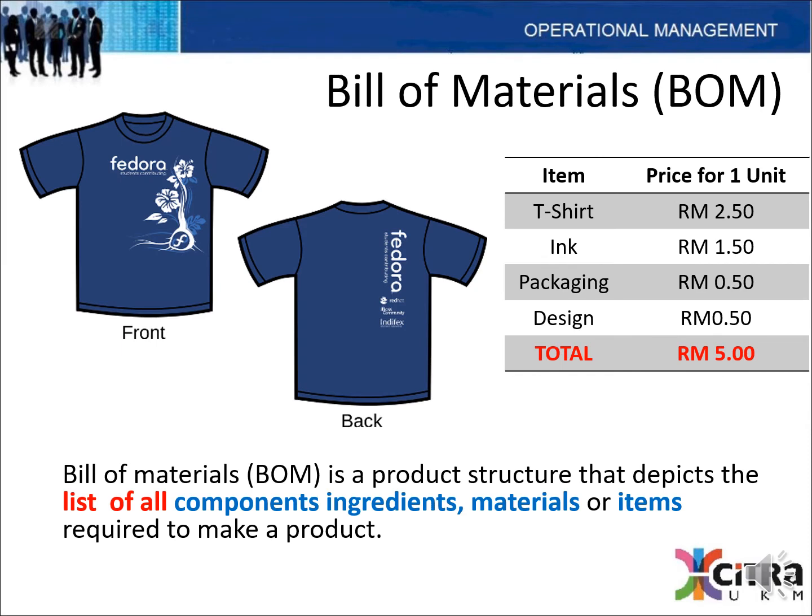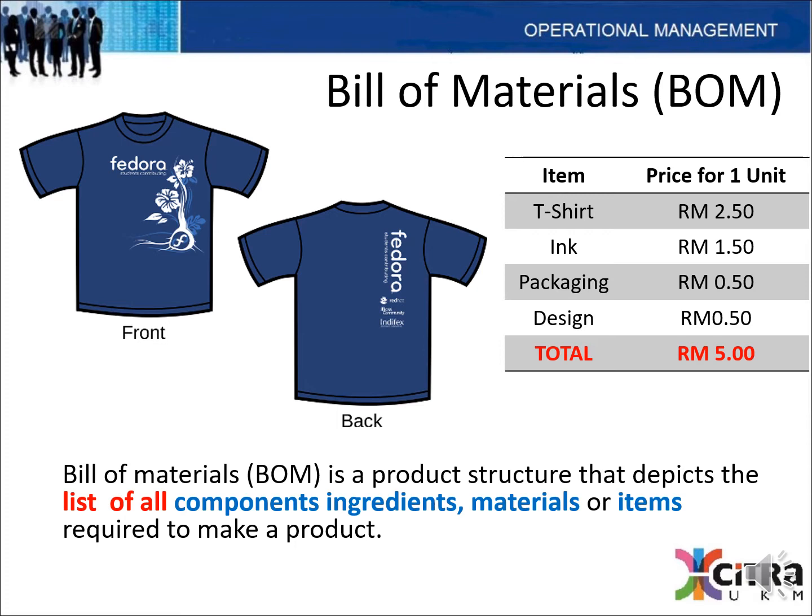This is the bill of materials, the materials that you need to have your product, and we call it BOM. The bill of materials is a product structure. It depicts the list of all components, ingredients, materials, or items required to make a product.